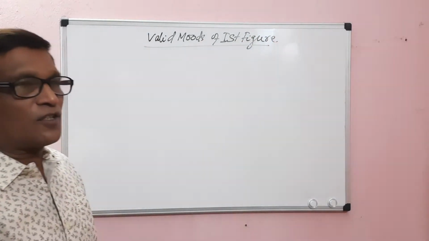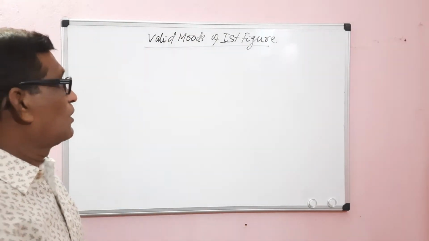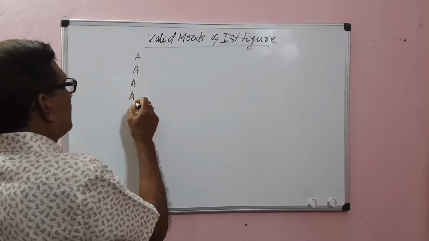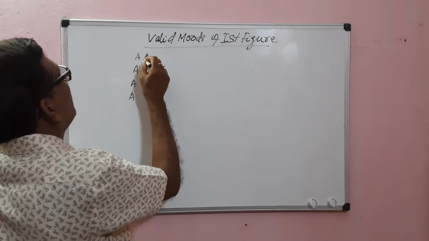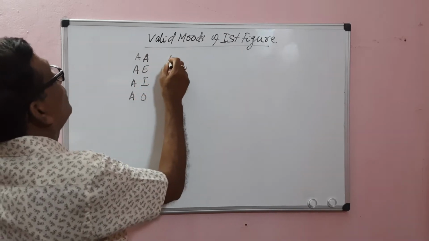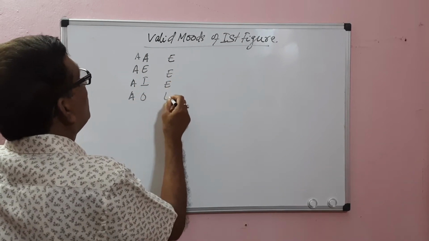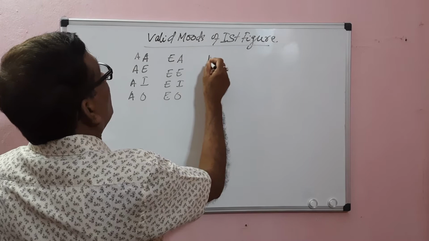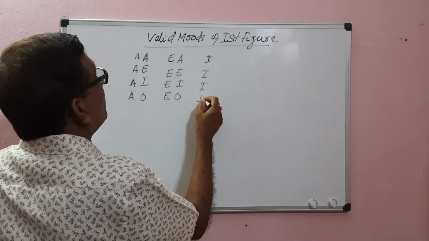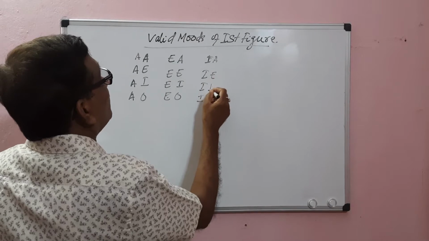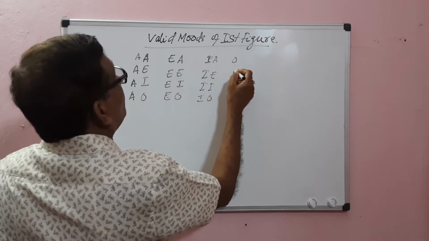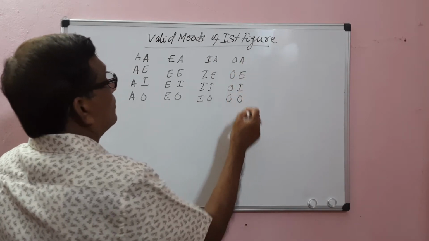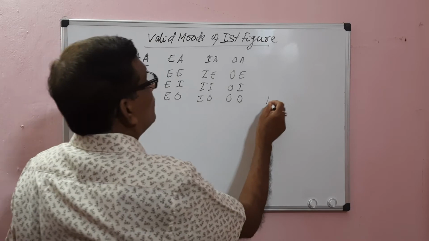We have constructed the possible moods. Possible moods means from A, E, I, O, E, A, E, I, O, I, A, E, I, O, A, E, I, O. These are the 16 possible moods.